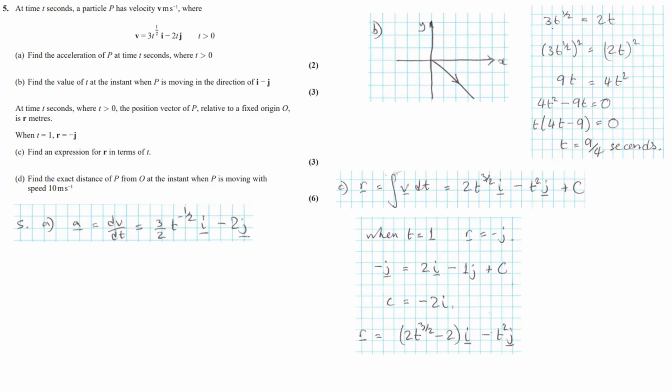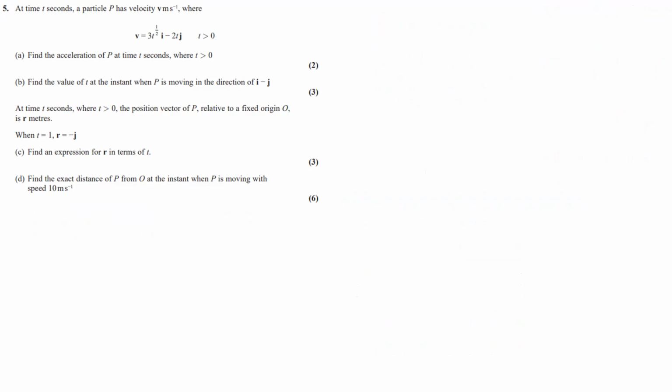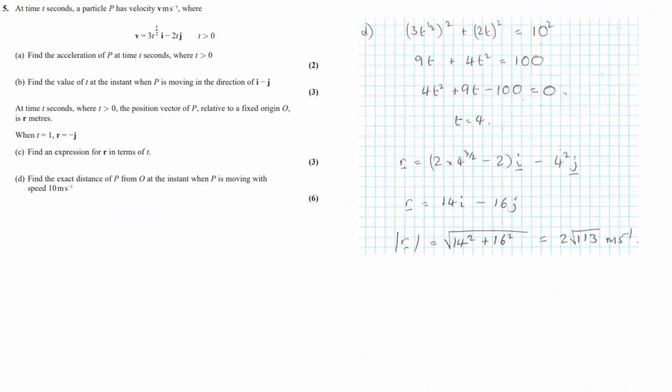Part D says find the distance of P from the origin at the instant when P is moving with the speed of that. Again, speed should tell you something to do with Pythagoras. So what did I do here? I got the components of the velocity, squared them and made it equal to 10 squared, which was 100.